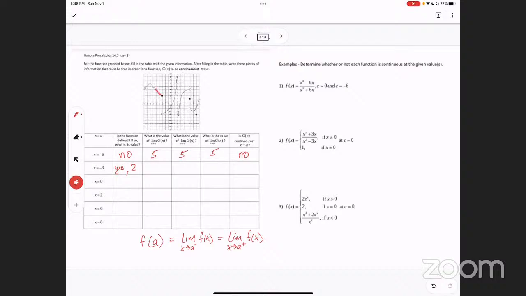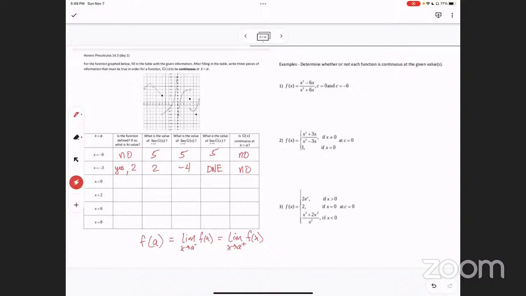What do you expect it to be? It would be 2. How about from the right? It would be -4. So what is the value of the limit? The limit does not exist. And is it continuous? No.